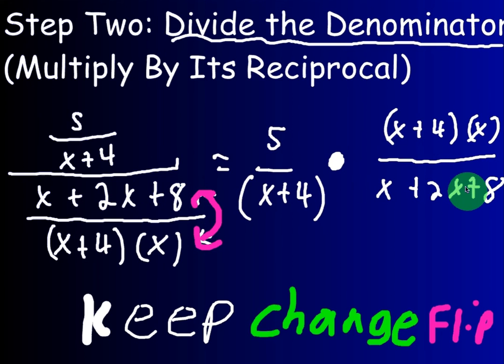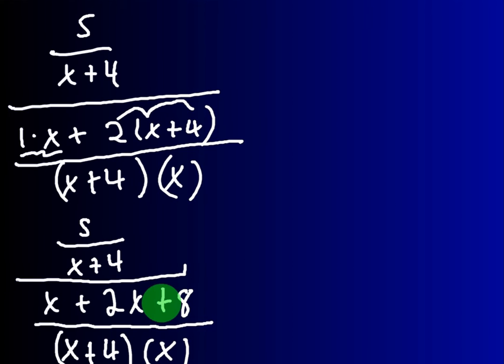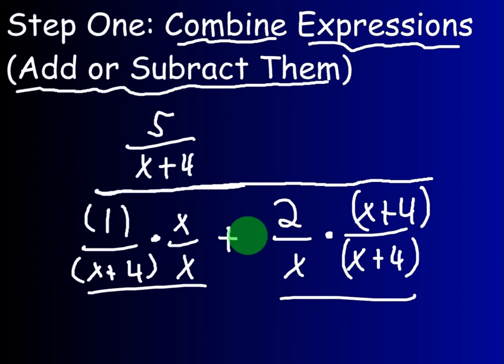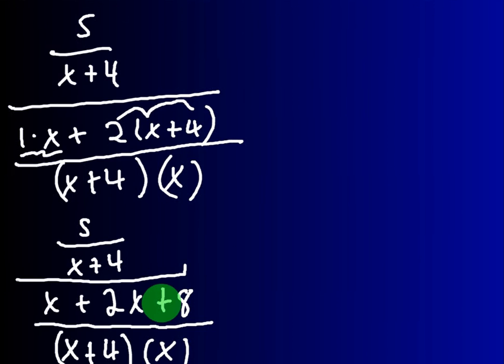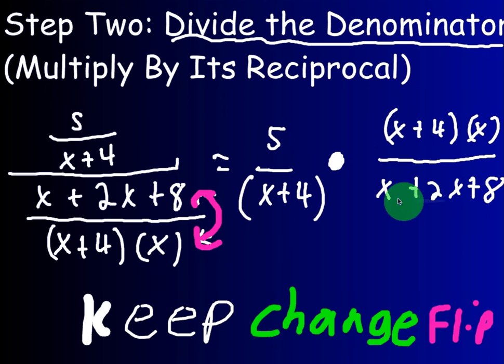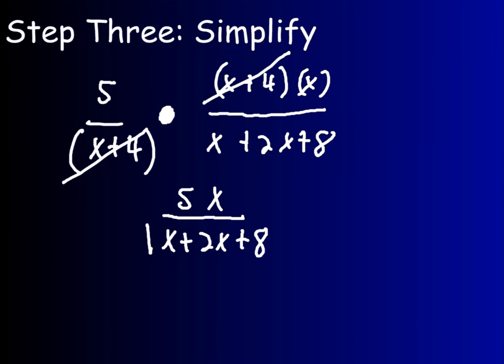Alright? So, again, after you combine this bottom into one fraction, or the top if it had two different fractions, then you keep, change, flip to get your new fraction. It's a fraction times a fraction. Our ultimate goal is one fraction. And then there's one final step, which is just to simplify.